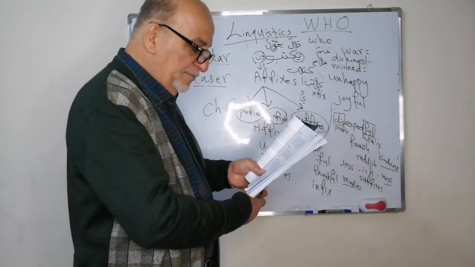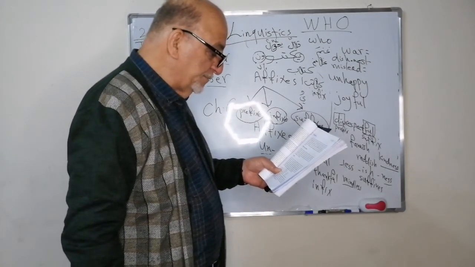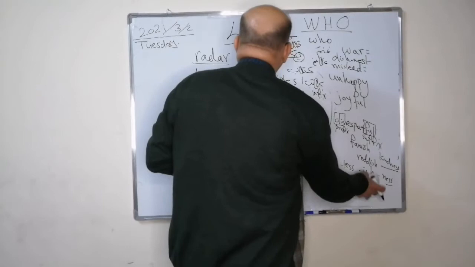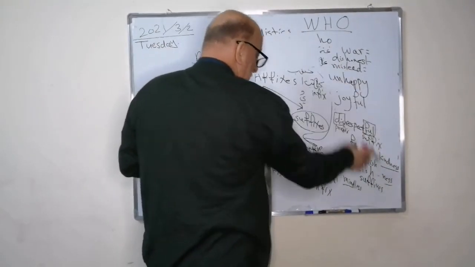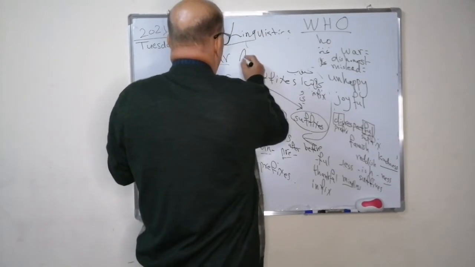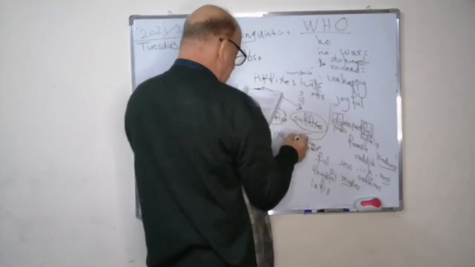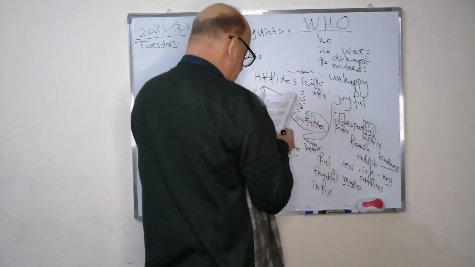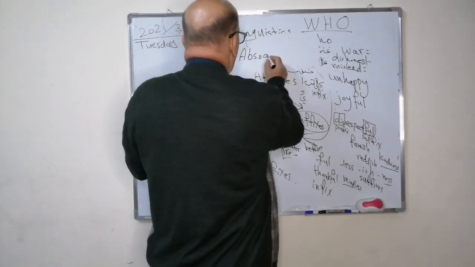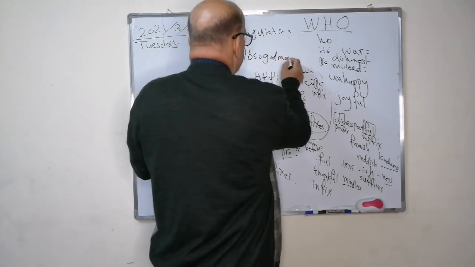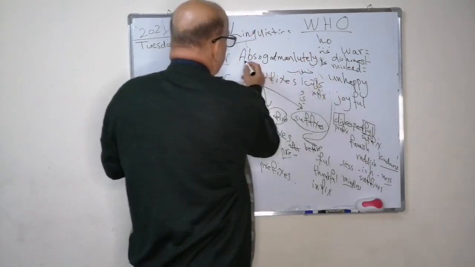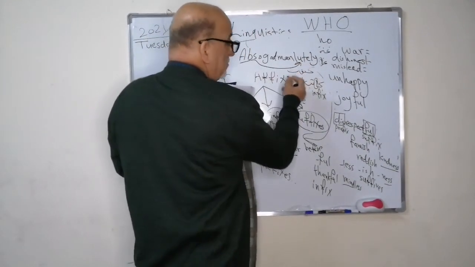Take for example هذه ABSO, okay, أبسو, God man, بعدين LUTELY. شوف هاي كلمة absolutely تماما.